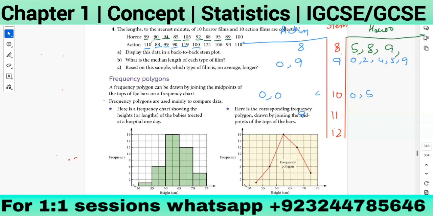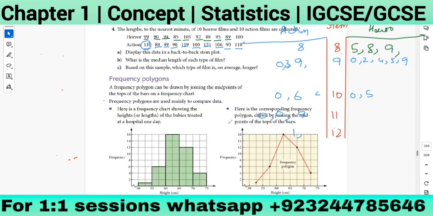No, this is a mistake. After 11 there was a 0 in the upper part. This 0 is after the 11. So after 12 there is a 1 in this one. 106. Okay, and 93. 93 should come over here. 110, after 11 there is a 0 again.